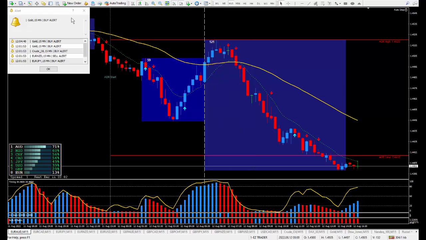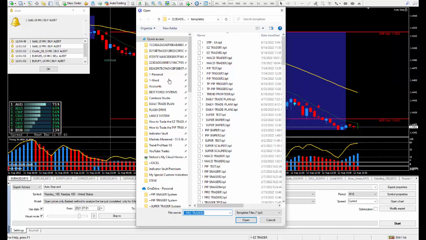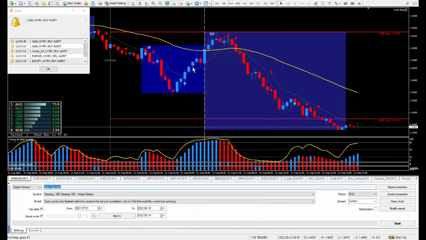And of course, if you're going to use this built-in tester down here, then you can use the template, the one without the meter, number 2 here, as you don't need the meter. And if you have any of my other systems, I go into great detail at how you can use this tester for back testing over the weekend when the market is closed.